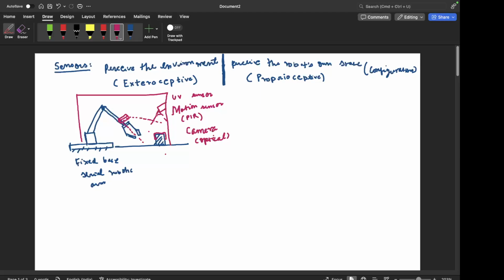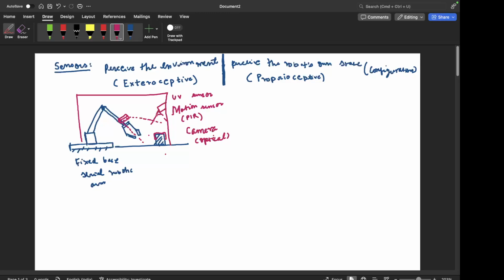So what does this sensor tell? It tells the robot that in its environment, in its surrounding where it's supposed to do certain tasks, it tells us about the object of interest, which is in this case a box, and it would also tell about other things in its environment which it might need to avoid, right? So basically obstacles or things which it can collide into.